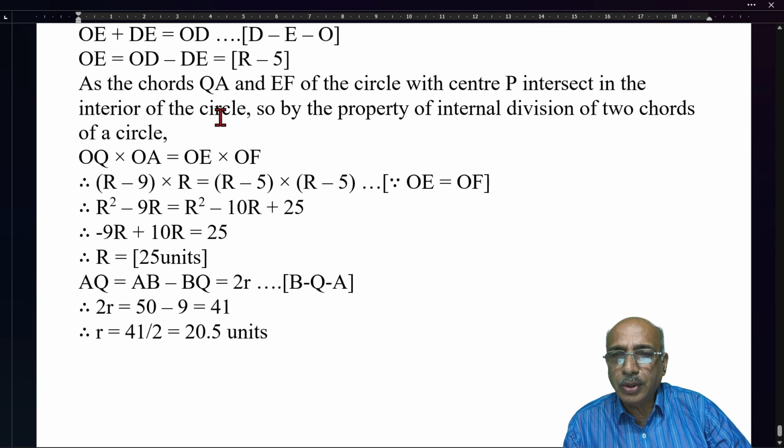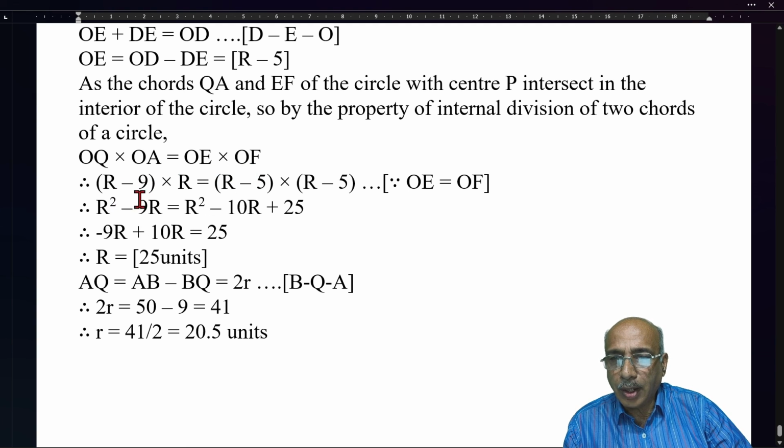As the chords QA and EF of the circle with center P intersect in the interior of the circle, by the property of the internal division of two chords of a circle, OQ into OA equals OE into OF.